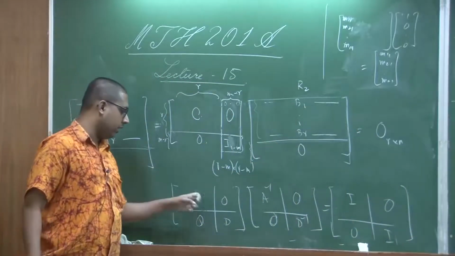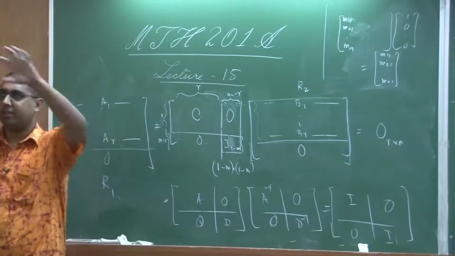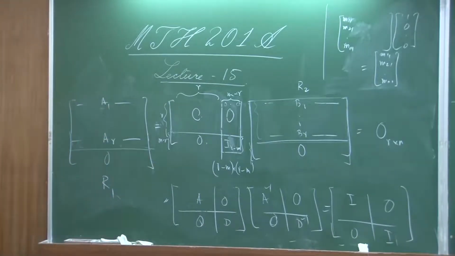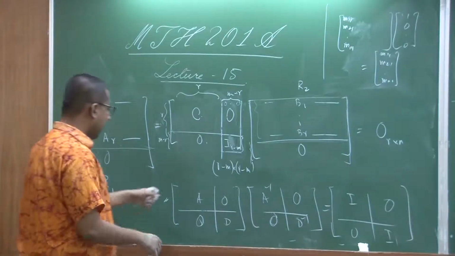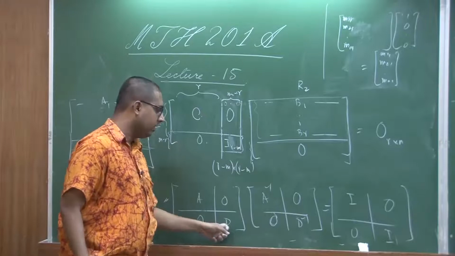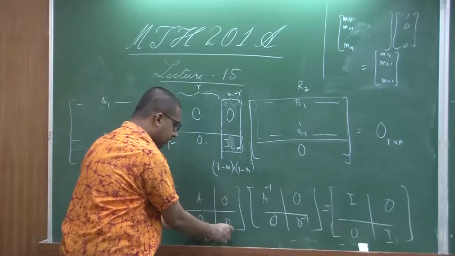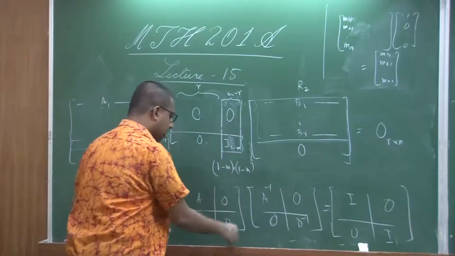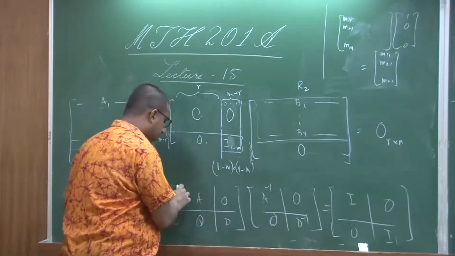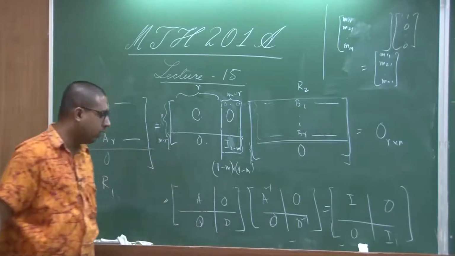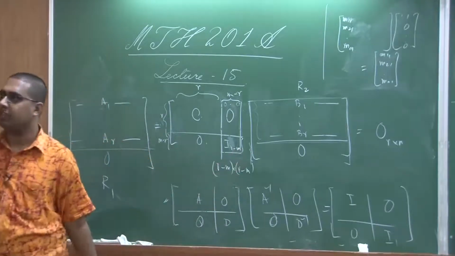Such matrices are called block diagonal matrices. Along the diagonal you have blocks and 0 elsewhere. So, for a block diagonal matrix, if A and B are both invertible matrices, maybe of different order, then once you put them in a block diagonal form, this bigger matrix also becomes invertible.